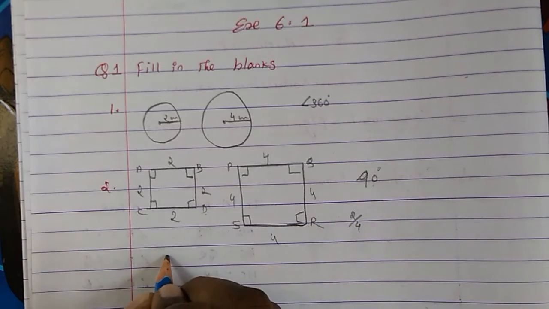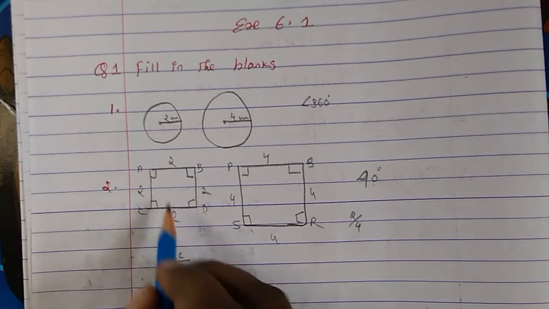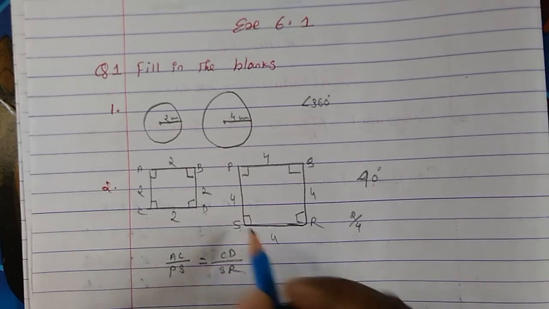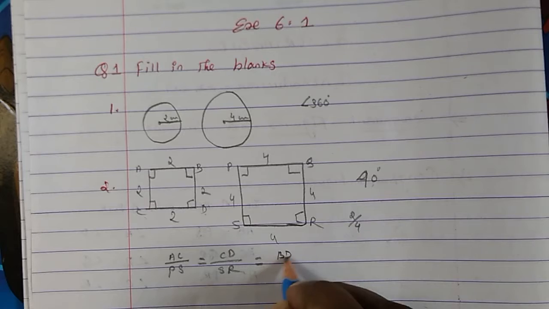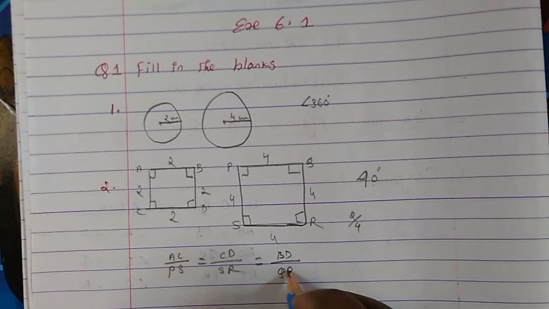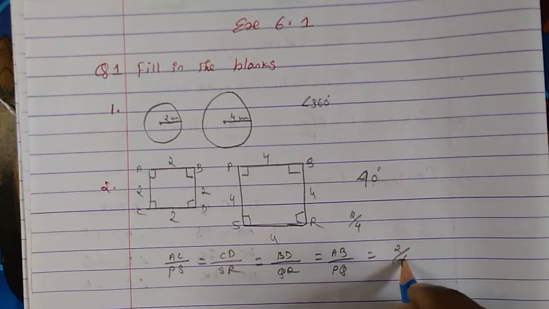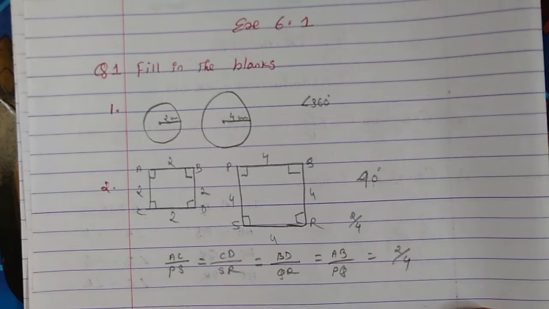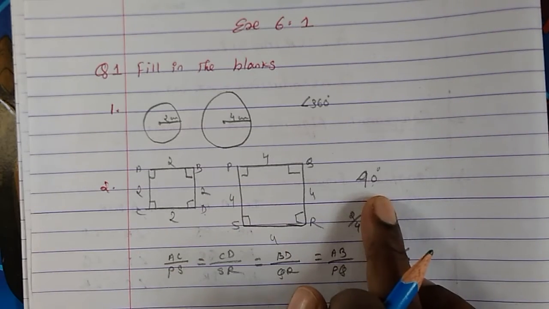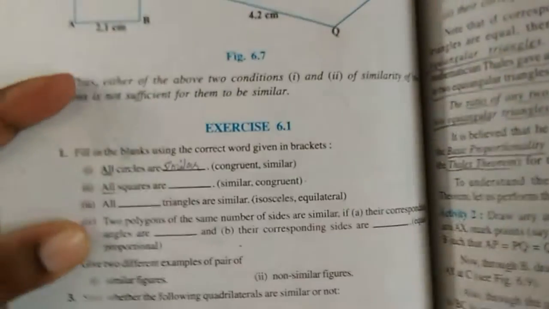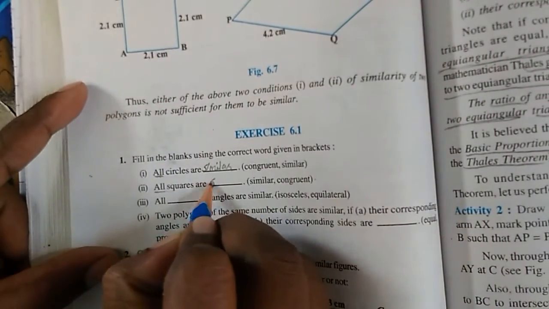If you want to write, you can write AC upon PS is equal to CD upon SR equal to BD upon QR equal to AB upon PQ. So all ratios will be 2 upon 4. All the ratios are equal and all the angles are equal. So if that is the case, then it will come under which category? It will be similar.